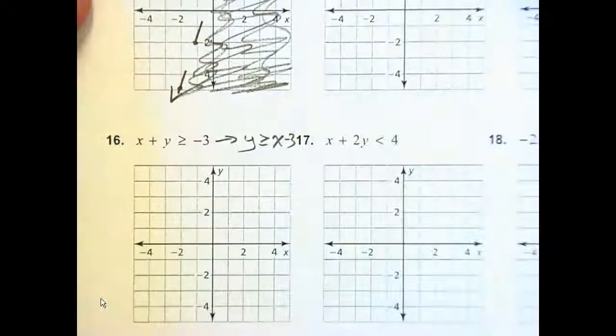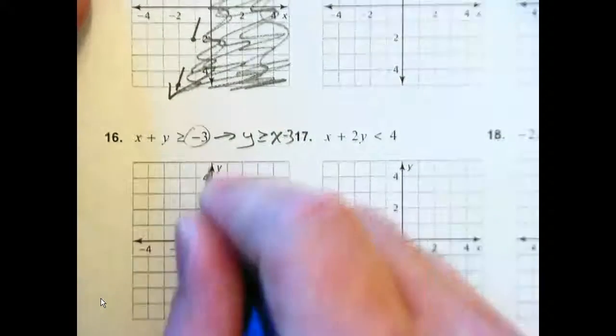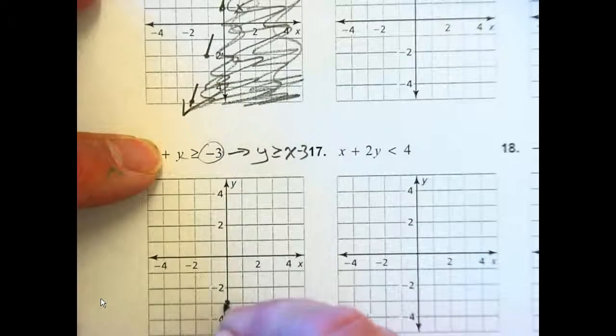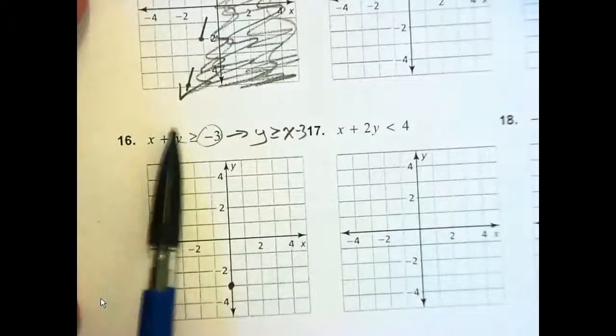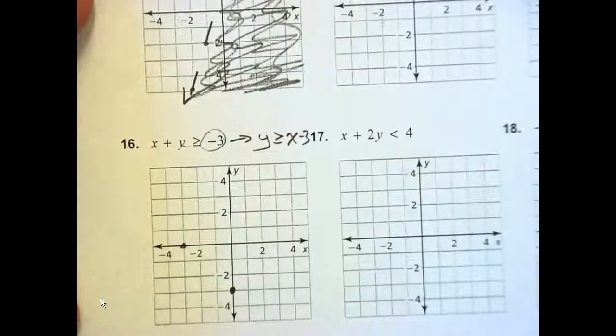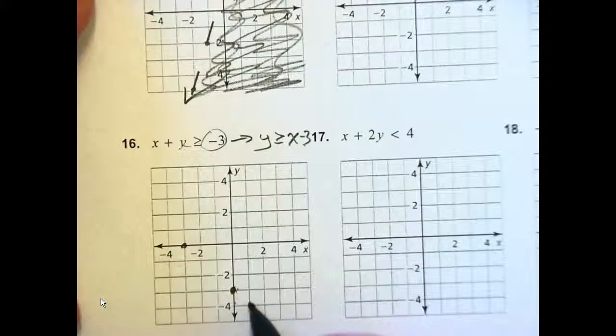However, you also have negative 3 here. You could just say, if x is 0, my y-intercept is negative 3. If y is 0, my x-intercept is negative 3. Either way will work. If you use this form, you go to here and you go down 1 and over 1. And you get that same trend.